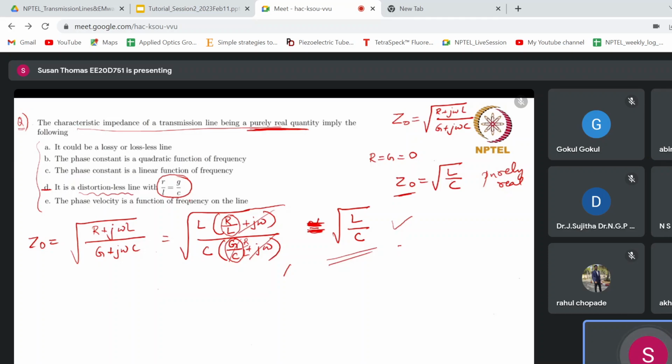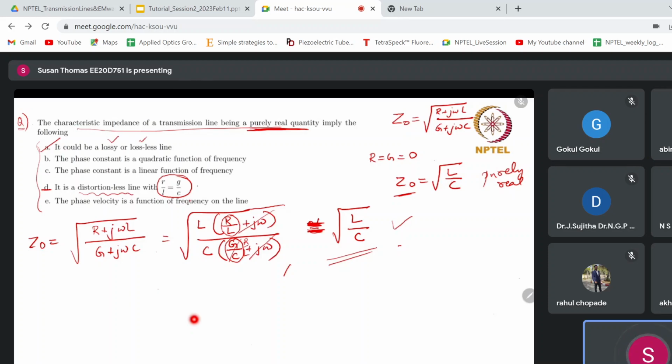So the first statement: it could be a lossy or lossless line. A distortionless line is a lossy line where R and G are present, but the ratio R by L is equal to G by C. So the characteristic impedance can be real in case of lossy and lossless line.